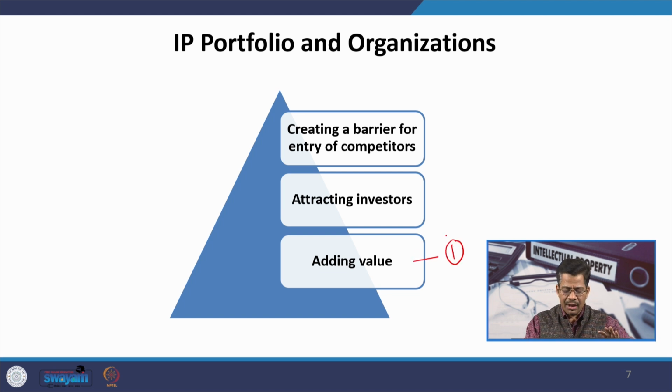Just now we discussed that it will add more investors, people will be interested in partnerships when you have a strong IP portfolio, and since you will create opportunities for yourself, but barriers for your competitors. So, when you have a strong IP portfolio, it will create barriers for the competitors. They will be reluctant or they need to do something extra to overcome these barriers.